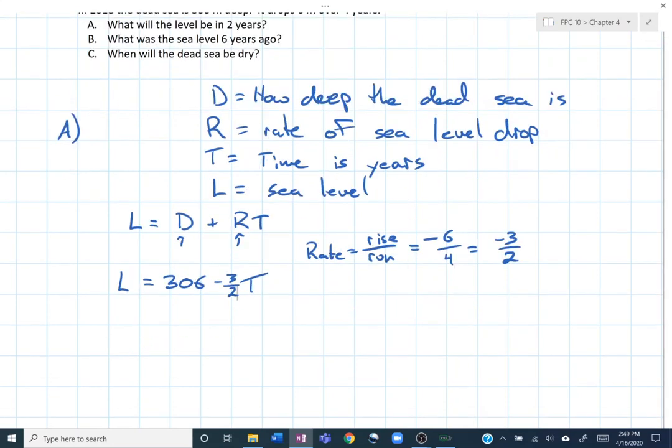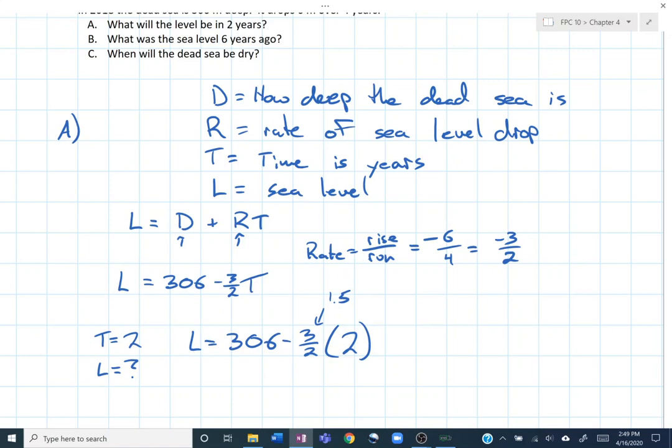And then I can answer A and B really easily, because I know that for A, my time is going to be 2, and I'm looking for what the sea level is. So L is equal to 306 minus 3/2 times 2. If you want to type that in as 1.5 into your calculator, that works too. It might be a little bit easier.